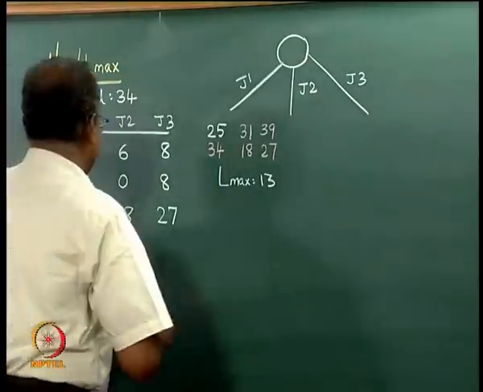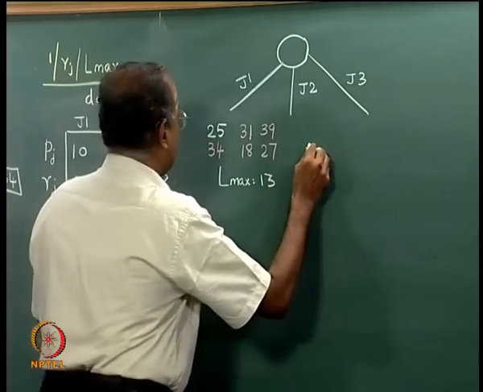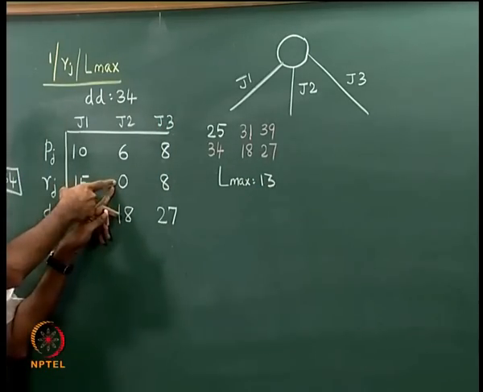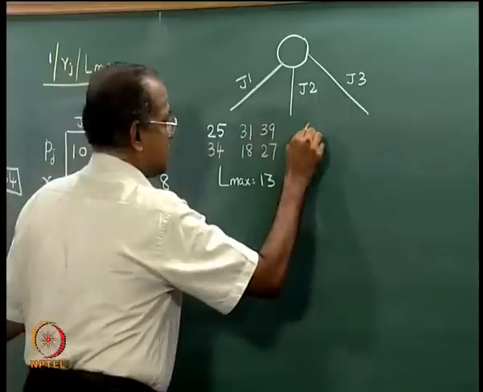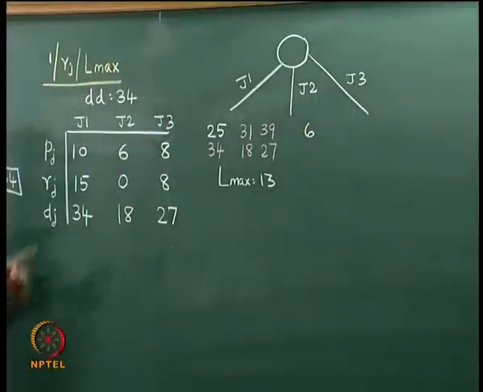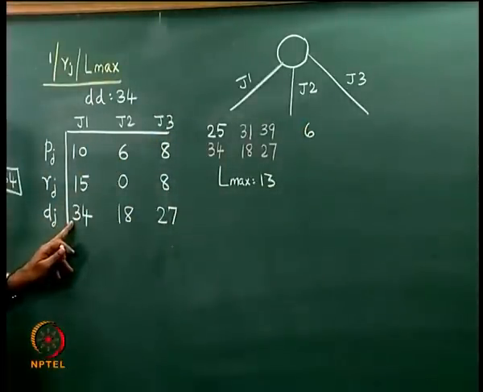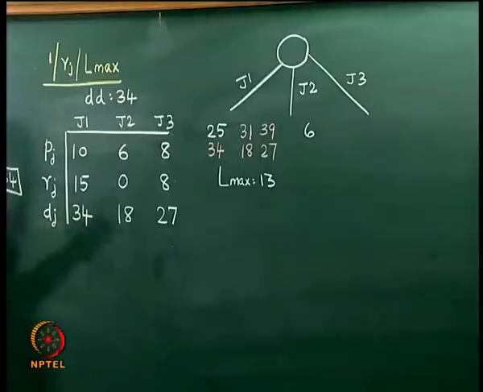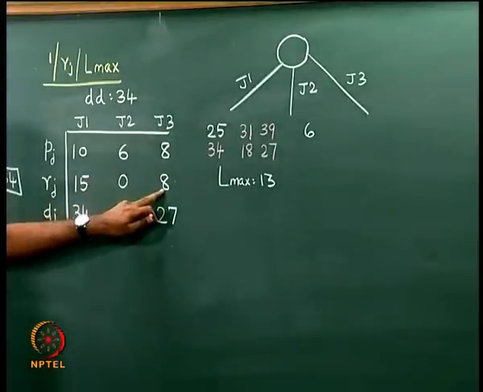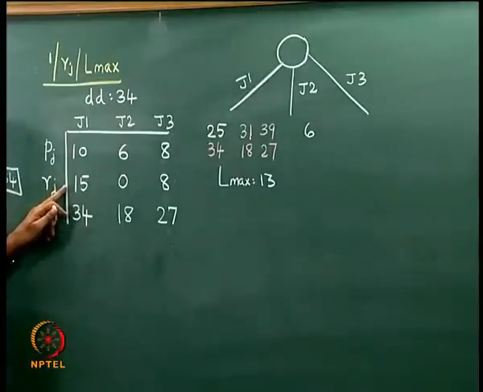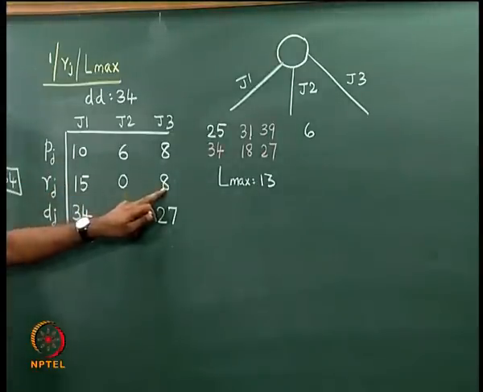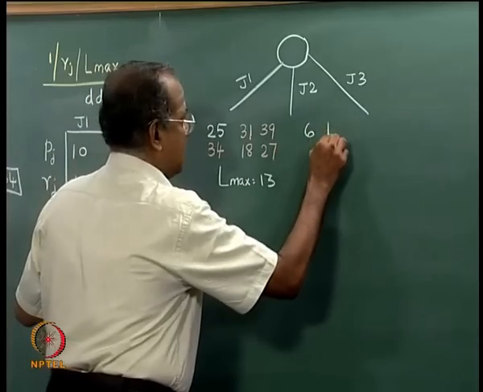Now, when we start with J2, J2 is available at time equal to 0, so it will finish at 6, and then J3 and then J1 by the EDD rule. Now, this is available at 8, this is available only at 15, so you have to definitely wait till 8. So, 8 plus 8, 16.